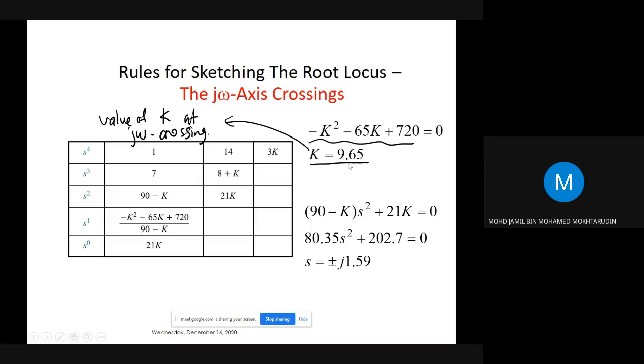And then you use this k and substitute it in row S2, such that (90 minus k) times S squared plus 21k times S to the power of 0.